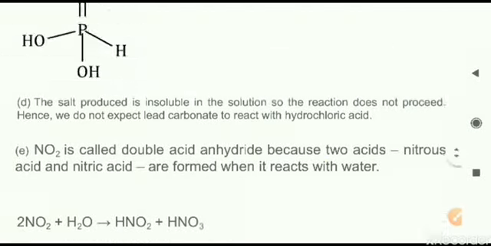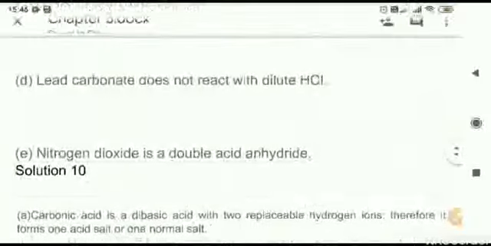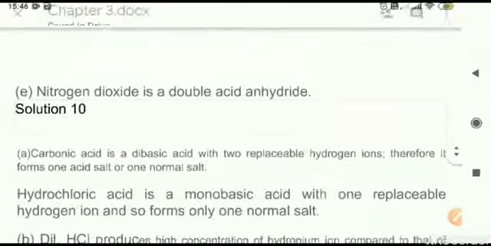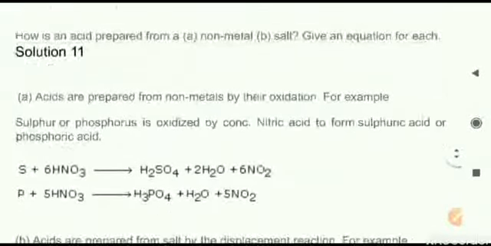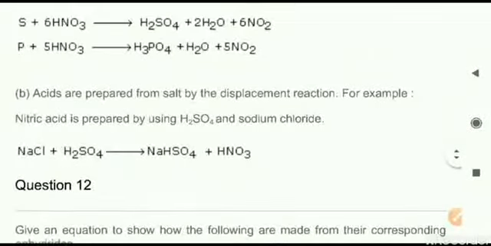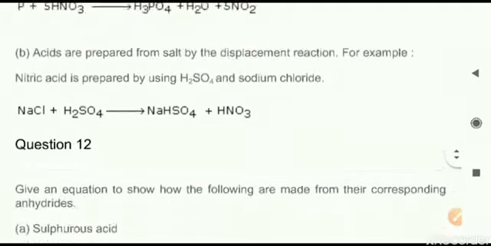Then the E part question, let us have a look. Here the question is: nitrogen dioxide is a double acid anhydride. What is a double acid anhydride? It is also called a mixed acid anhydride. The reason is given here.